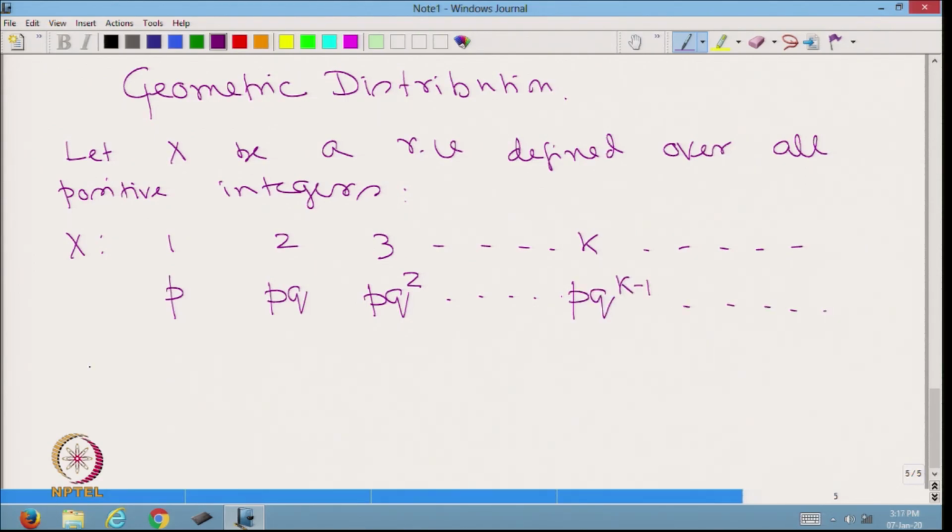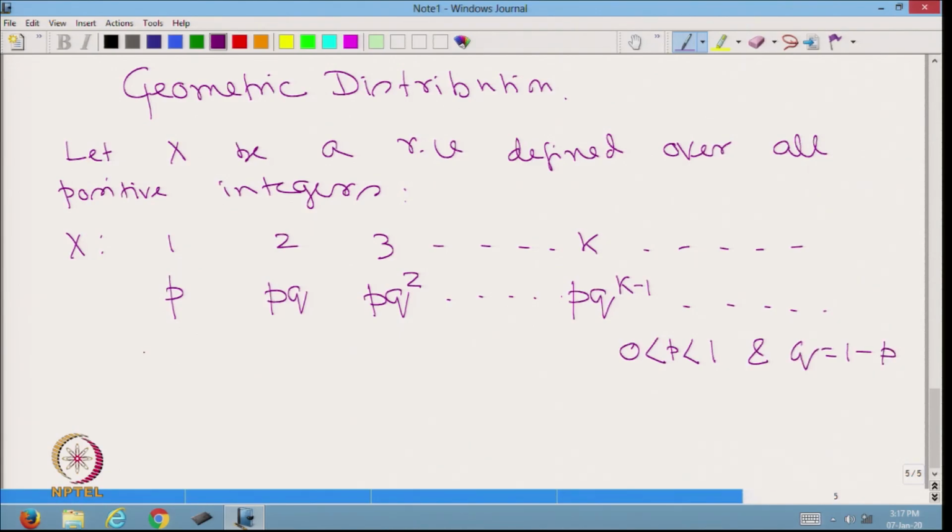Here the first question is: is it a valid probability distribution? So, let us assume that 0 < p < 1 and q is equal to 1 minus p.